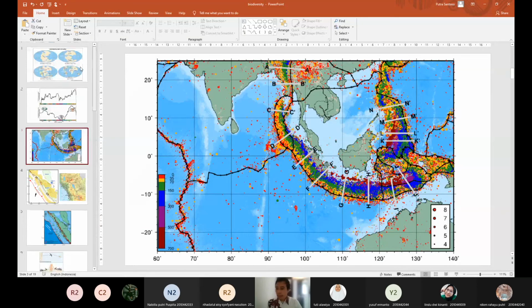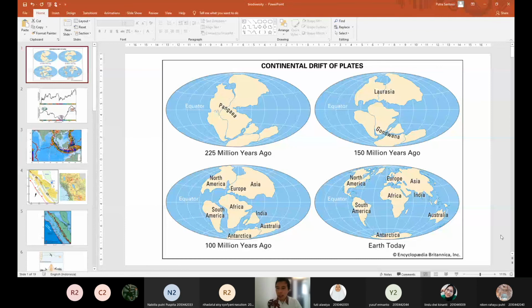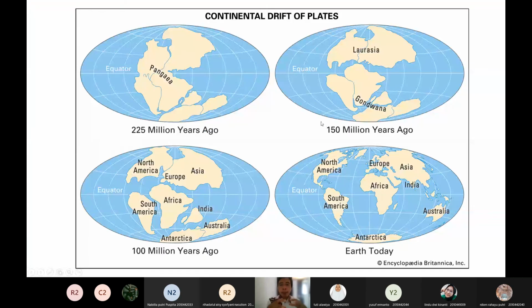But I would like to start from the point of view of geological perceptions: there is a theory about continental drift, that at the first formation of the Earth about 225 million years ago, the lands of the Earth consisted of only a single unit of land called Pangea.